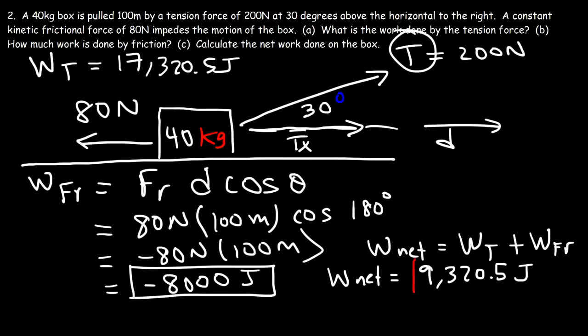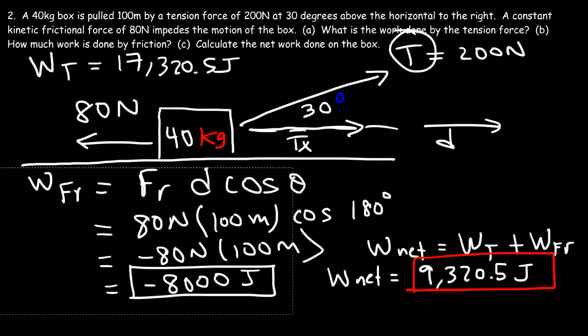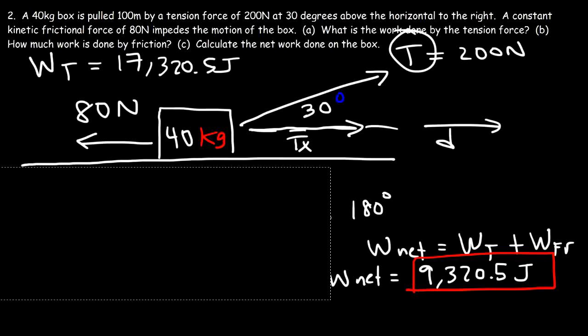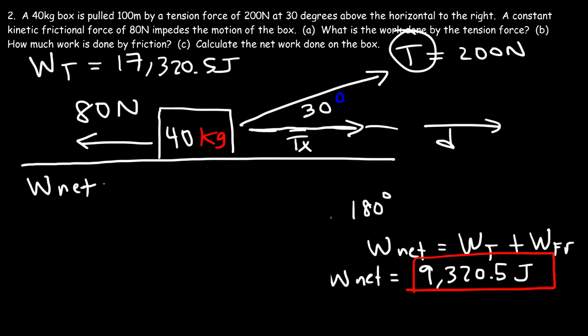Now, the other way in which to calculate the net work is to use the net force equation. And we should get the same answer if we do it. So the net work is equal to the net force times the displacement. Now Tx is a force that's directed towards the right, and then we have the frictional force that impedes it.